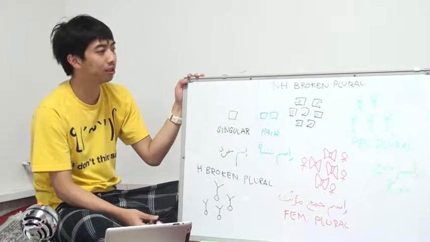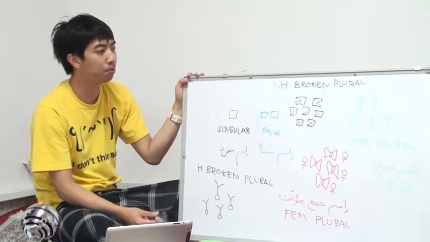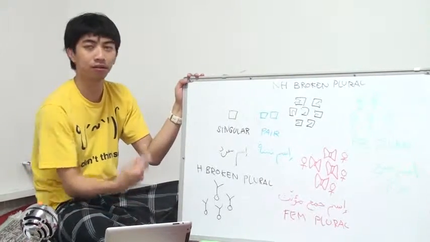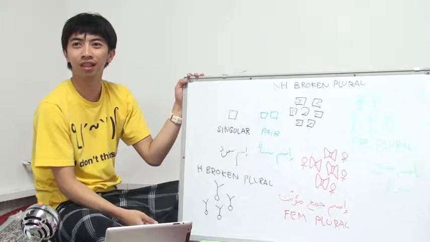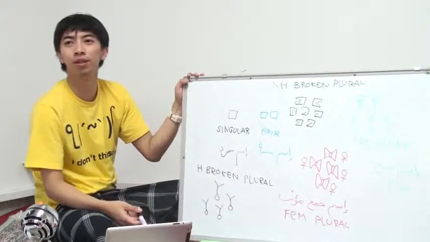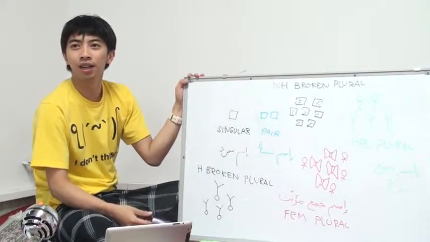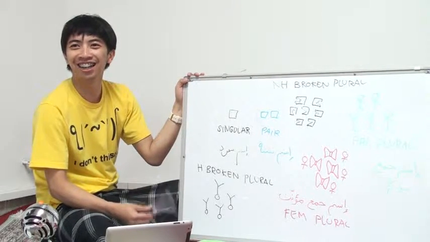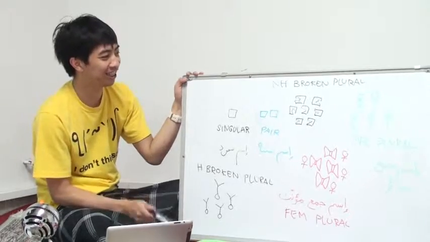How many possible ending combinations for pair? Kevin? Ina? No, ina is for people plural. Ani, remember SB. Ani and aini.